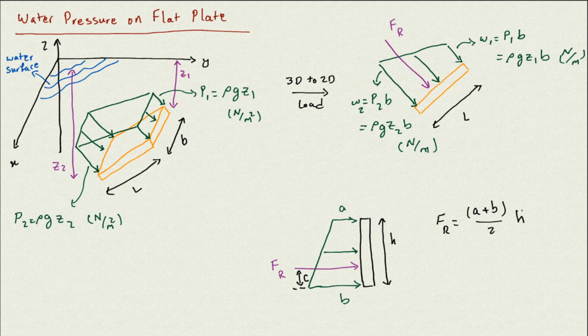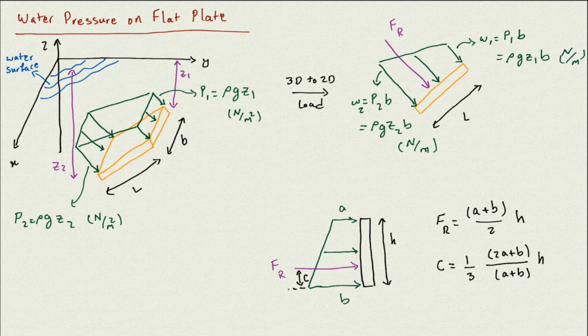So that's basically the area, and that c, where it's going to be located, where that force is going to be active, is going to be 1/3 of (2a plus b) divided by (a plus b) times h.